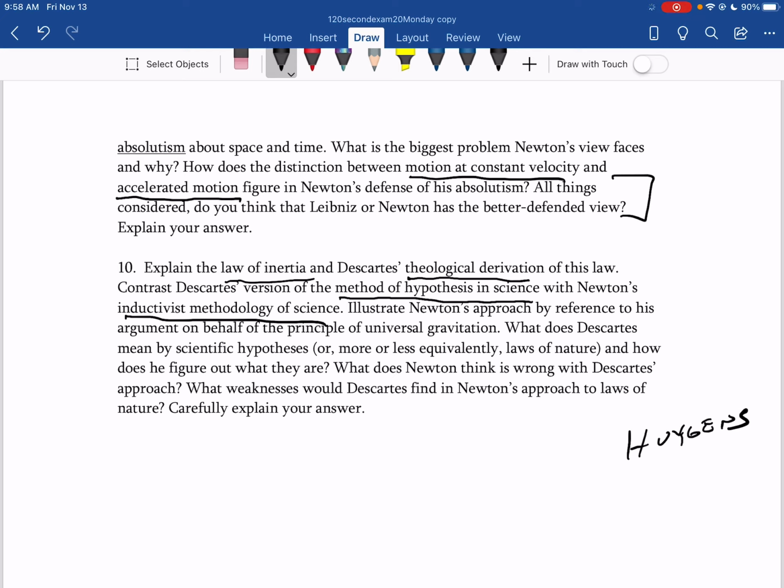Descartes has a kind of a priori approach. You work things out before you engage in observation so that you have certainties on which to ground observation. So, laws of nature for Descartes are fundamental truths about things like matter and motion derived from their very natures or the nature of God, that kind of stuff.